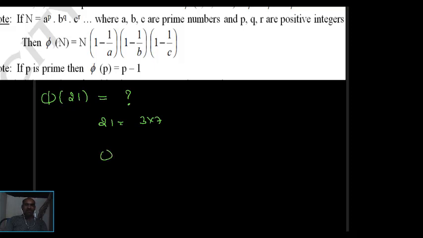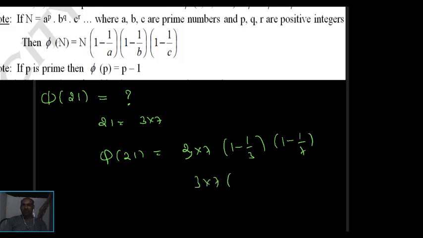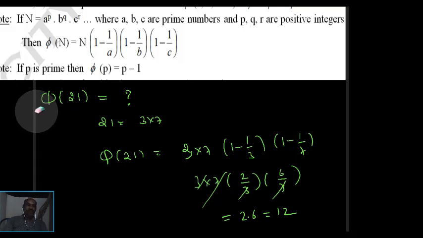According to this formula, phi of 21 equals 3 into 7 into 1 minus 1 by first prime into 1 minus 1 by second prime. 3 into 7 into 1 minus 1 by 3 means 2 by 3, and 1 minus 1 by 7 means 6 by 7. This 7 gets cancelled, this 3 gets cancelled. 2 sixes are 12. So therefore, phi of 21 equals 12. I hope you people understood.